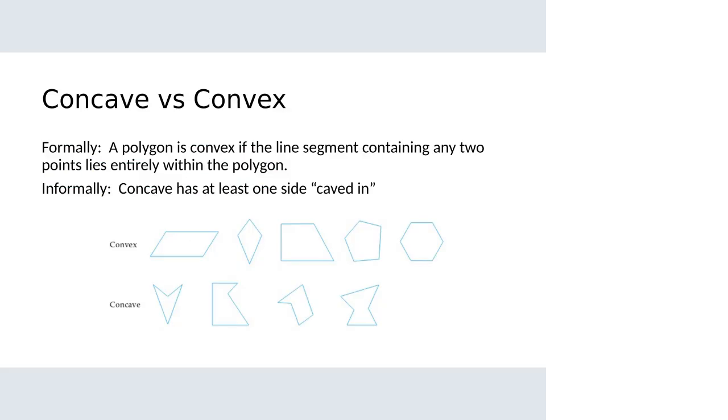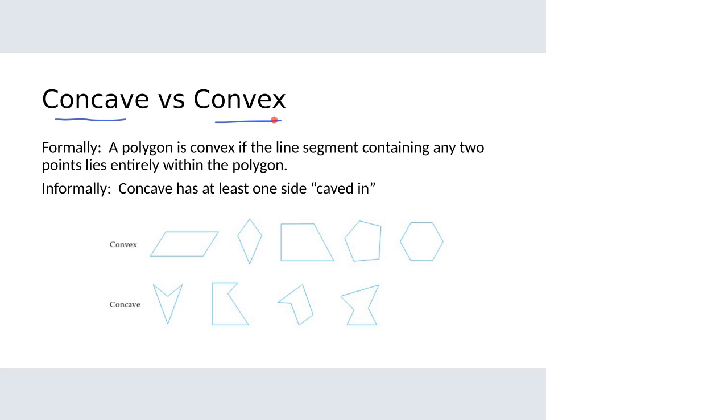A couple more words that we need to make sure we're comfortable with the definitions of: concave and convex. Let's start out with a formal way to distinguish between the two, because every figure is either concave or convex. It's one or the other. So this is an either-or type of situation. When we draw a figure, it's either concave or convex.